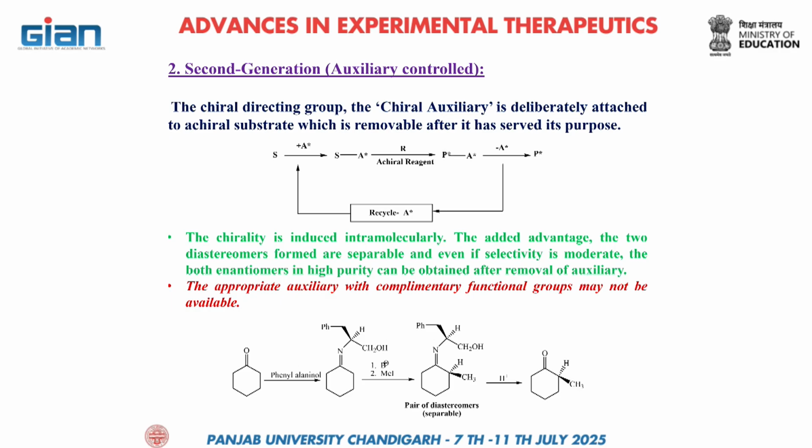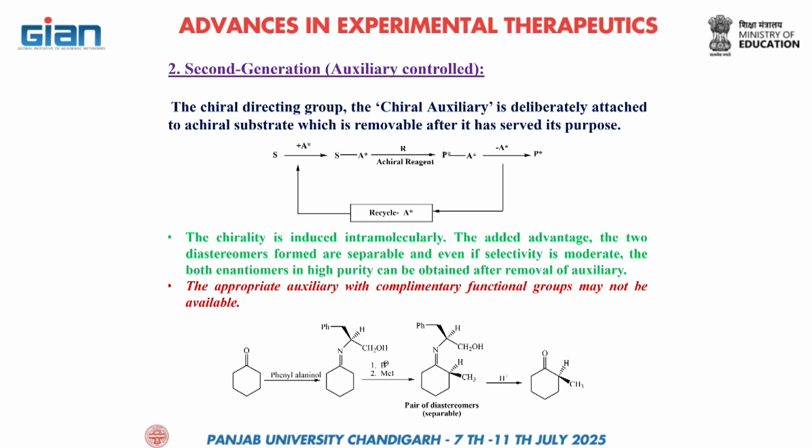Then who is going to control the attack of the incoming group? Okay. So what we are doing, अगर तो chiral pool में आपके पास substrate में chiral unit मिल जाए तो best है, अगर नहीं मिला कोई बात नहीं, we move something else. So that something else is auxiliary controlled.